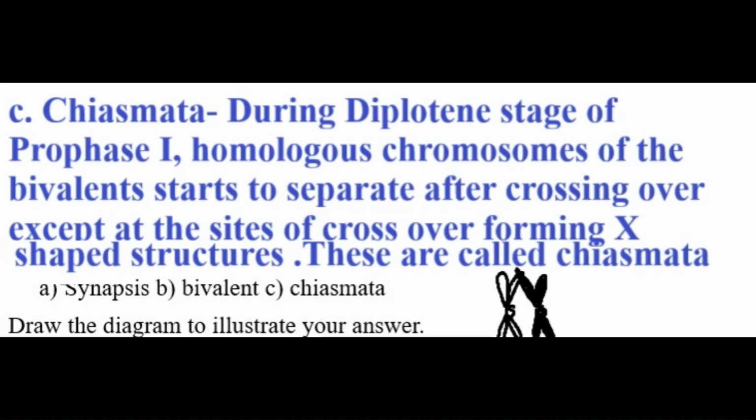So we'll first draw the homologous chromosomes. This is one homologous chromosome. Like in this case, this is a site, and there is an X shape now because it is not fully separated. This is called chiasmata.